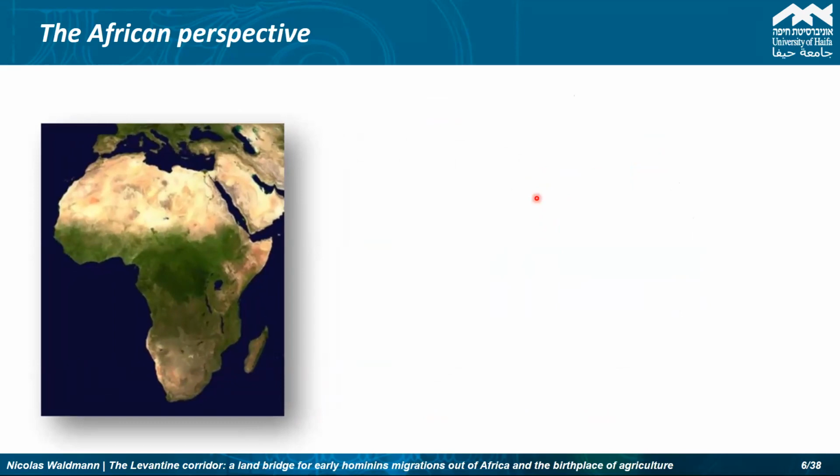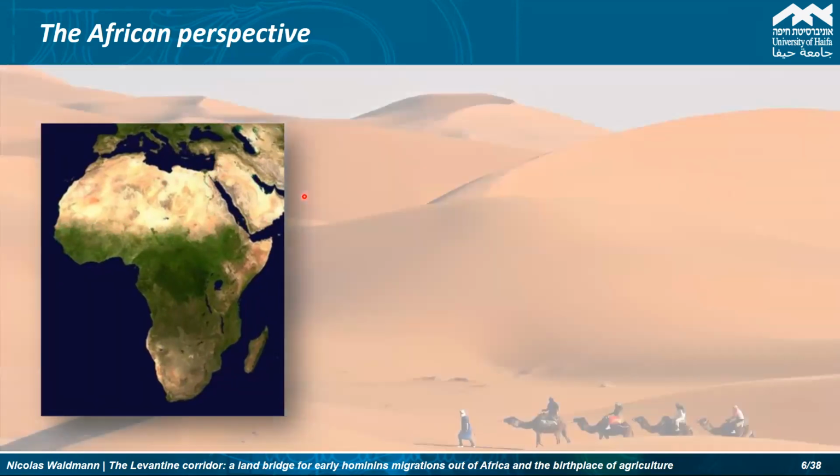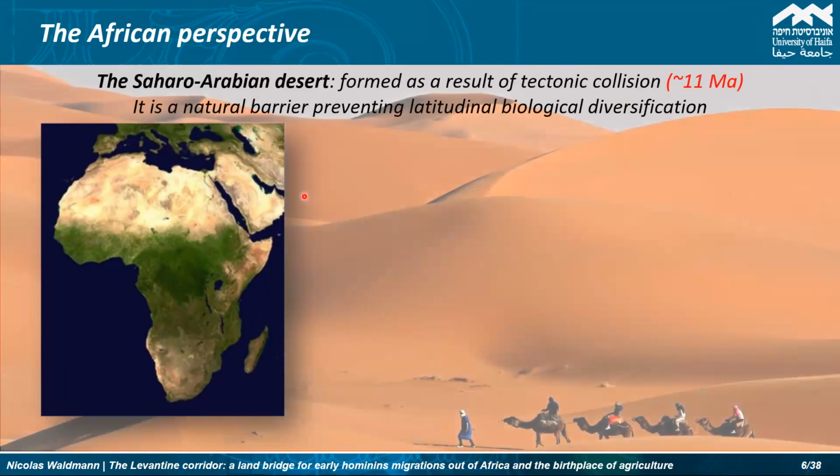We are located well north of that red line from before, north of the Sahara-Arabian Desert. That desert was formed as a result of tectonic collision 11 million years ago, and it is a natural barrier that prevents latitudinal biological diversification.